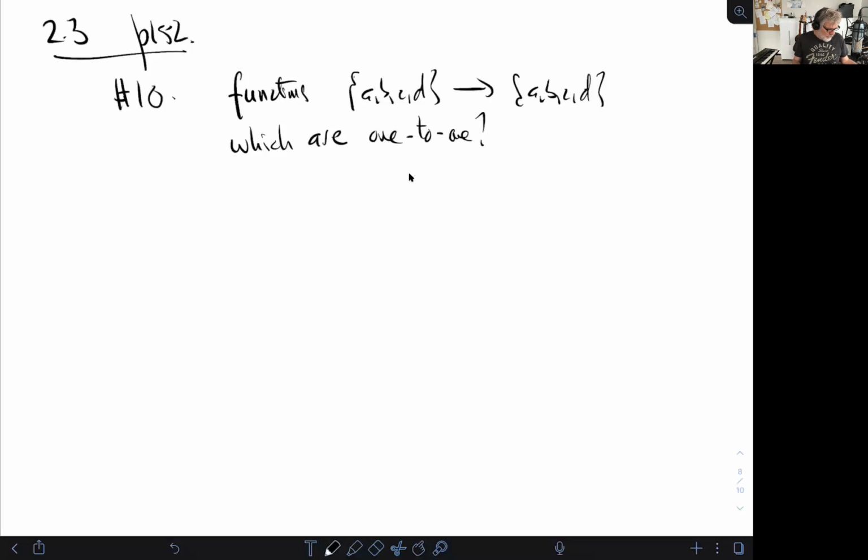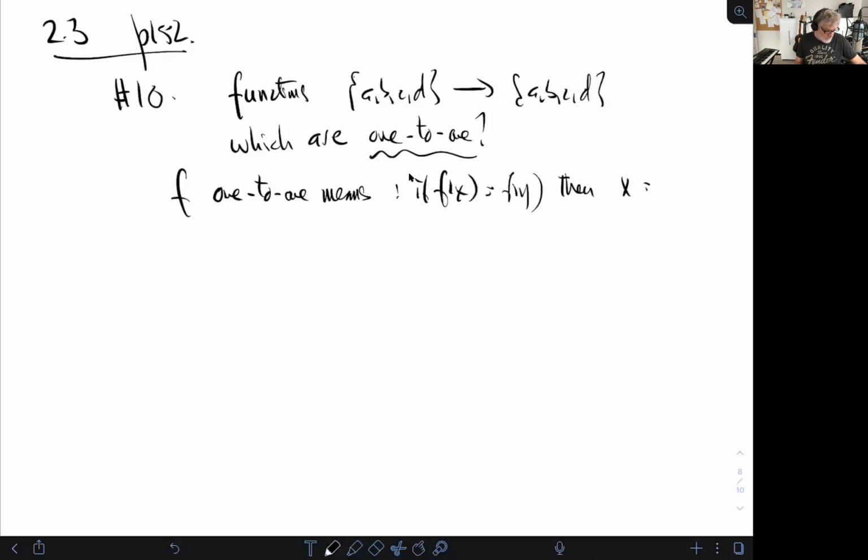So, okay, what does it mean for a function to be one-to-one? I like to think of that little picture: you don't send two elements to the same thing, okay? So what does that mean? So f is one-to-one means: if f of x is equal to f of y, then x is equal to y.